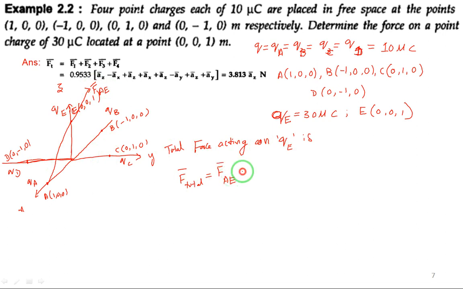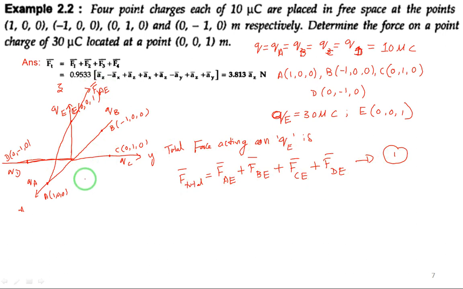Similarly FBE. Instead of FAE, FBE I could use F1, F2, but it is better because I have clearly mentioned the naming. Then due to C it is FCE, then due to the fourth charge FDE. Once we write the formula, the problem is solved. Call this equation 1. So find out FAE, FBE, FCE, FDE, and it's over.